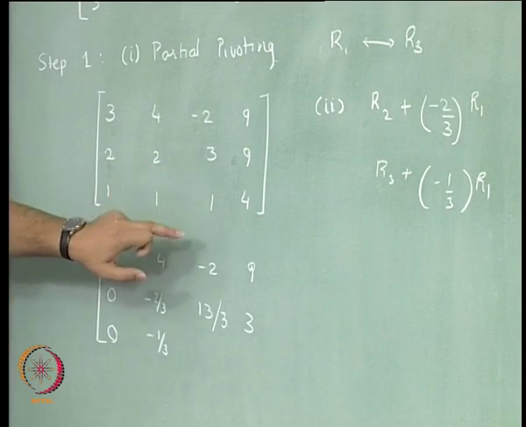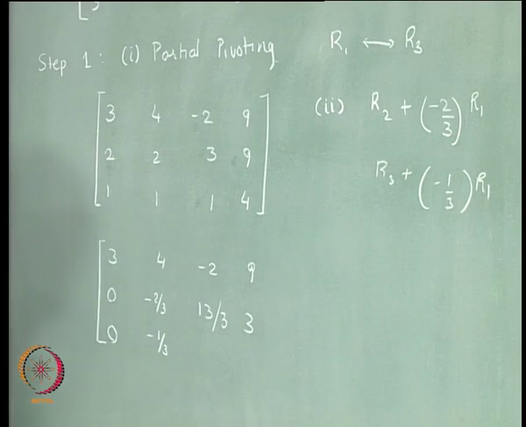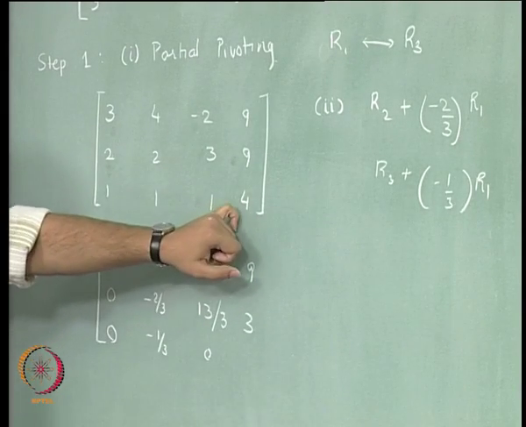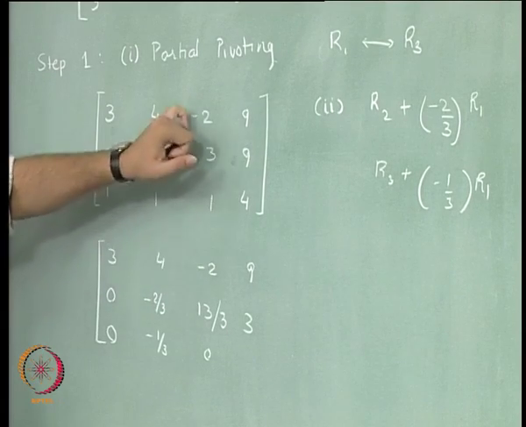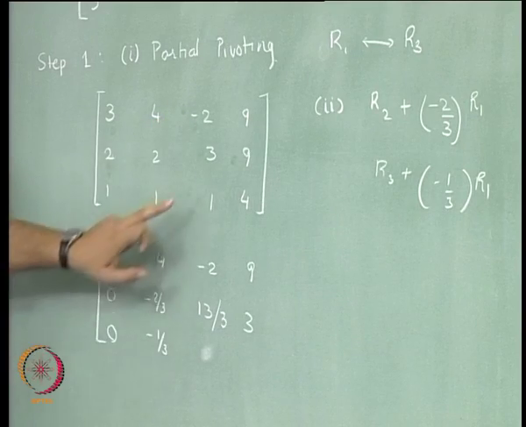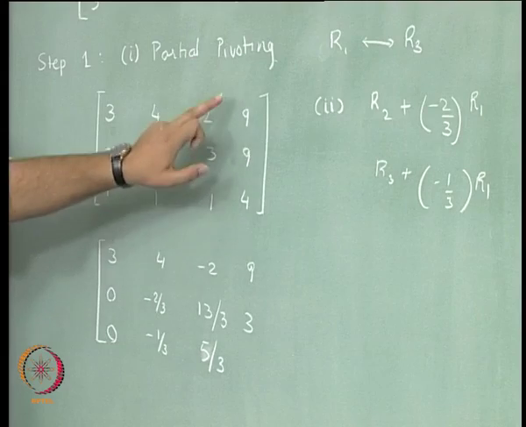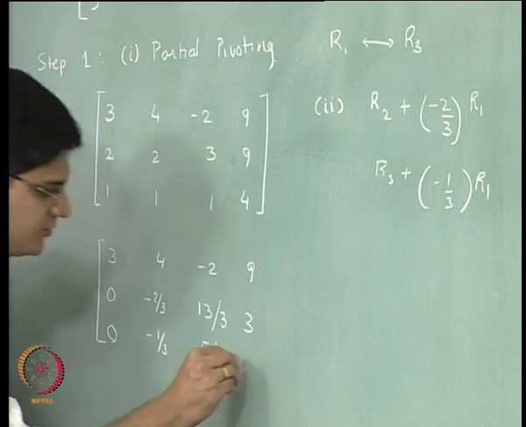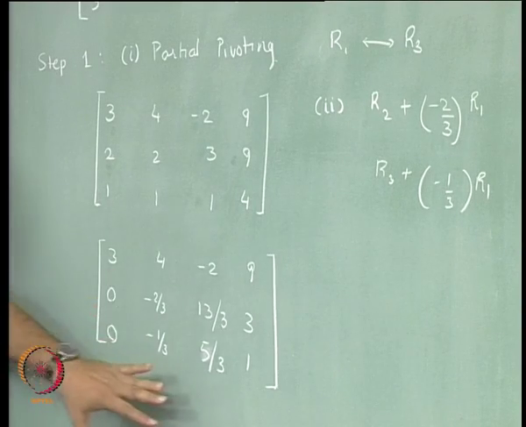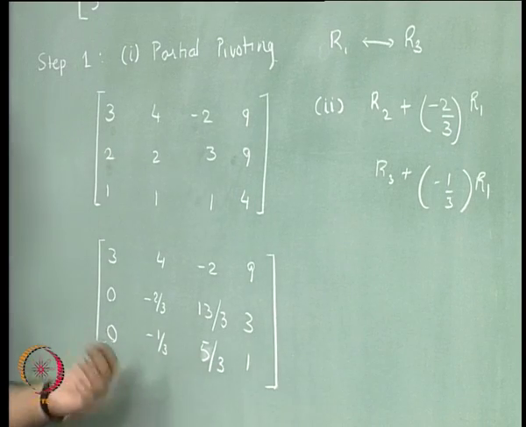Then we will get 1 minus 1 by 3, that is really going to be 0 over here, and then 1 plus 2 by 3, that is going to be 3 plus 2, 5 by 3, and here we will get 4 minus 3, that is going to be equal to 1. So, this is perhaps what we are going to get, unless I have made a calculation error over here. This is what we will end up getting after step 1.